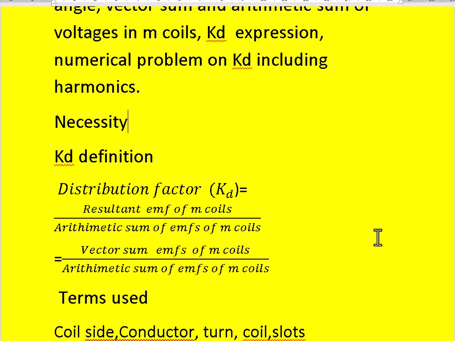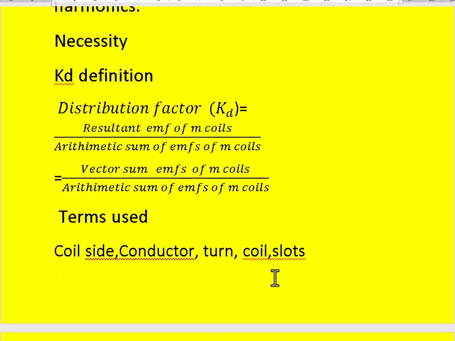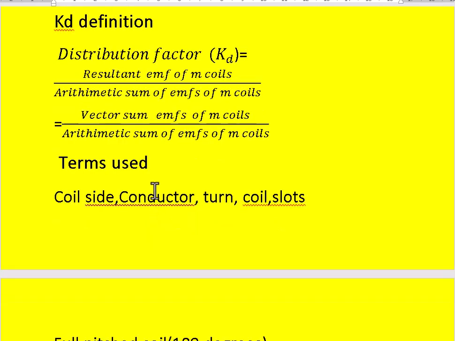This distribution factor is represented by capital K suffix D, and that is equal to the resultant EMF of M coils divided by arithmetic sum of EMFs of M coils. This can be simply expressed as vector sum of EMFs of M coils divided by arithmetic sum of EMFs of M coils.